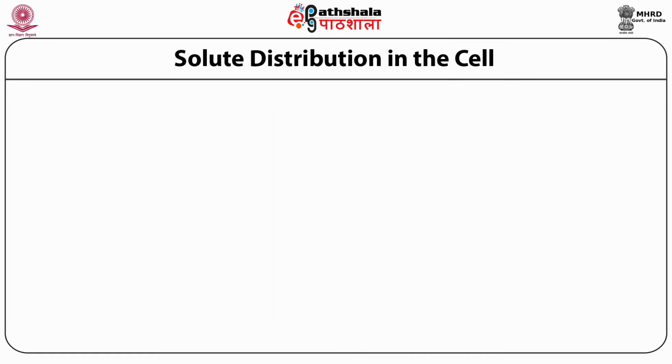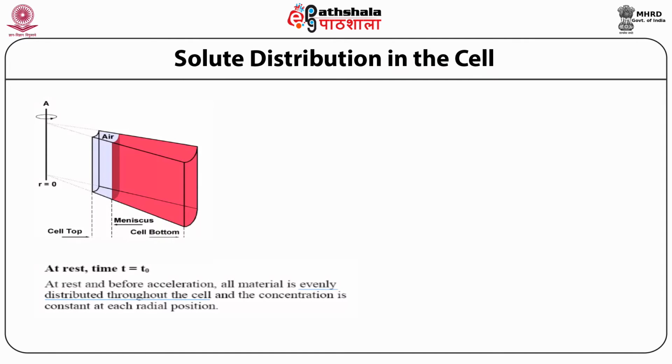Here we discuss how the solutes are distributed in the cell during the centrifugation process. In the first figure, at time t equals 0, at rest and before acceleration, all materials are evenly distributed throughout the cell, and the concentration is constant at every radial position.